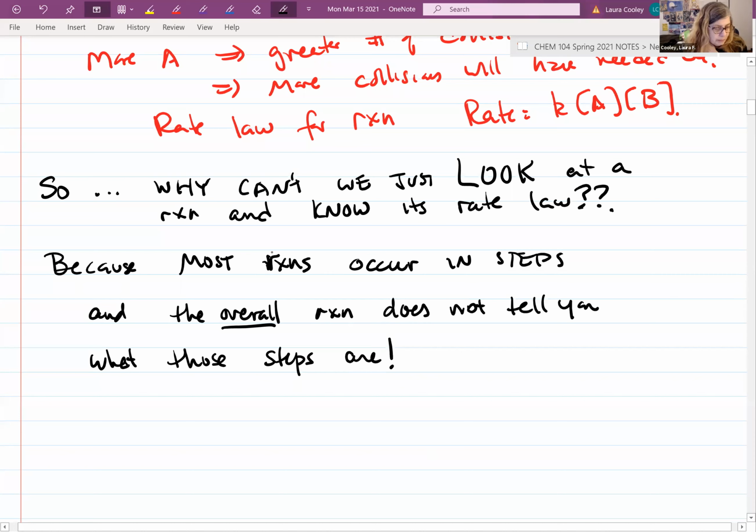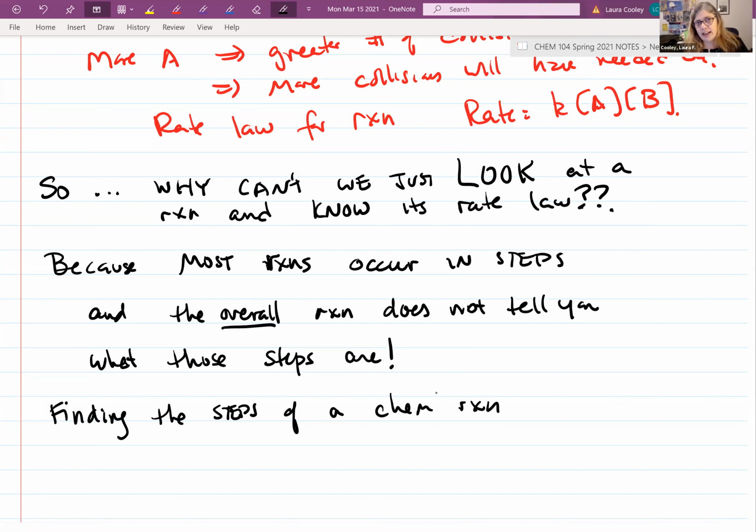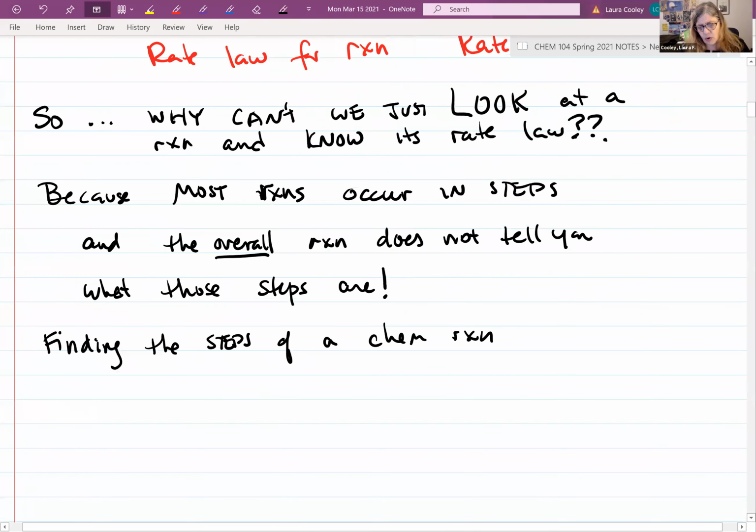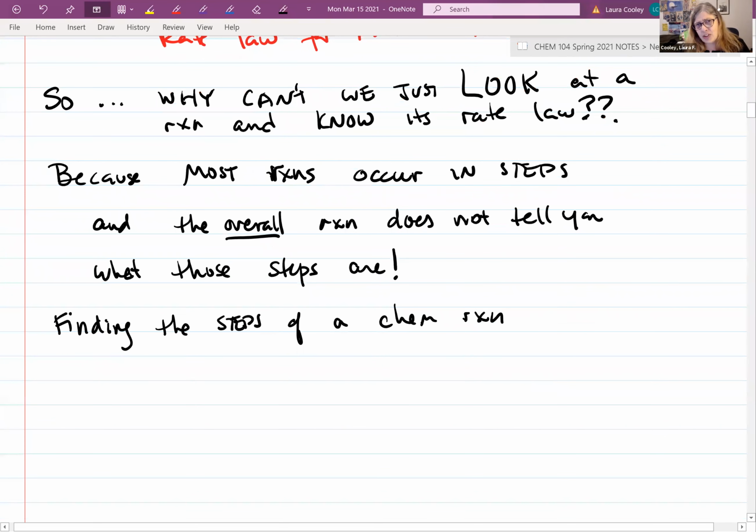And I want to tell you that finding these steps of a chemical reaction is one of the most beautiful things in chemistry. And by the way, if you like this kind of thing, you'll love organic chemistry, because organic chemistry is all about what is actually happening in an organic chemistry reaction.